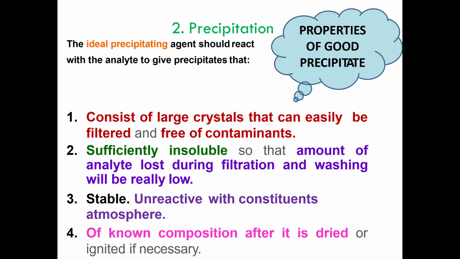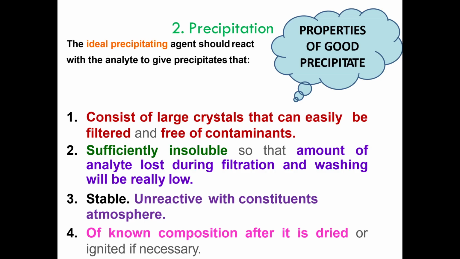Another property of a good precipitate is that it is stable. Stable means the precipitate is unreactive. If the precipitate is reactive, sometimes it will react with water or another constituent and produce another product. So we need a precipitate that is very unreactive, and when it is unreactive it becomes more stable.